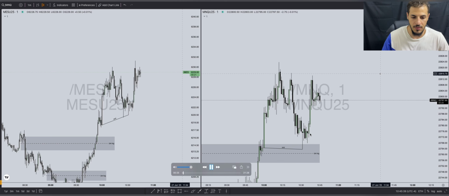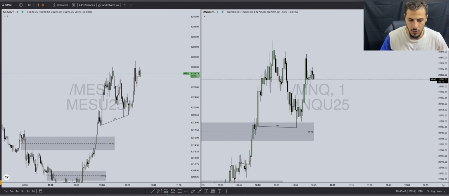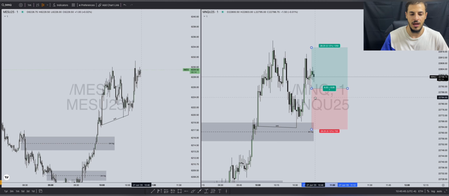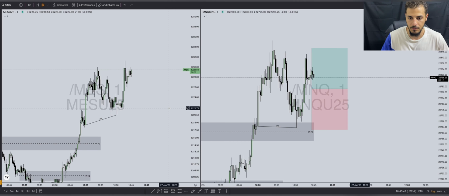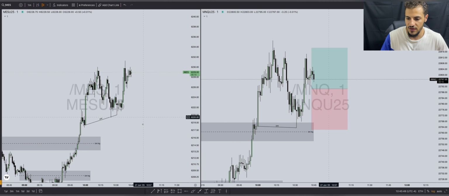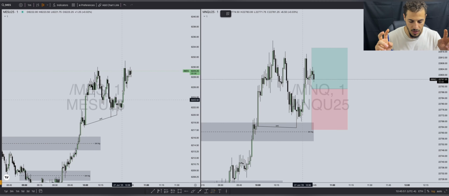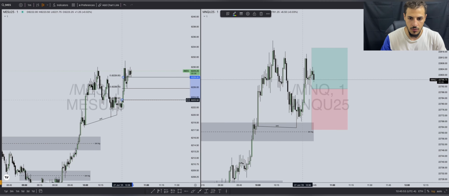my model is basically, I wait for macro, to simplify it real quick. I wait for macro, and then I look for a higher time frame draw, and then a lower time frame Judas swing, or a fake out.